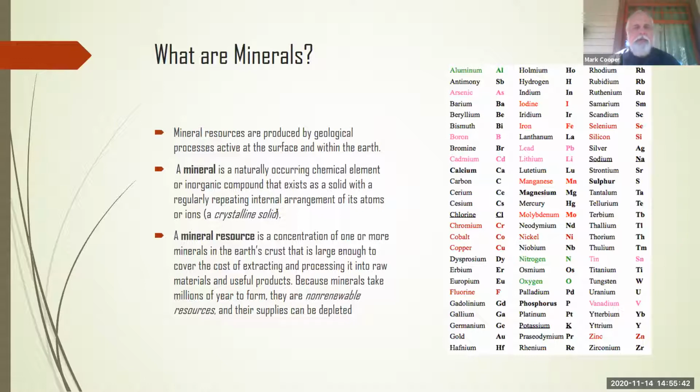A mineral is a naturally occurring chemical element that has a certain crystalline solid structure. And so we have these resources, and these are all non-renewable. It took millions of years to form, and as we use them up, they will be gone.